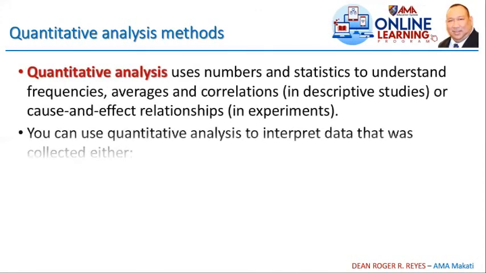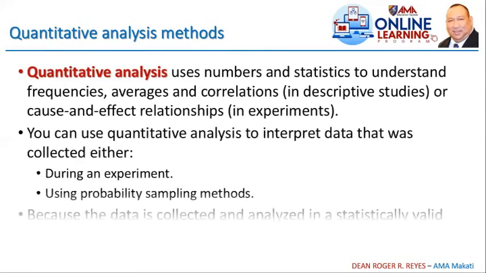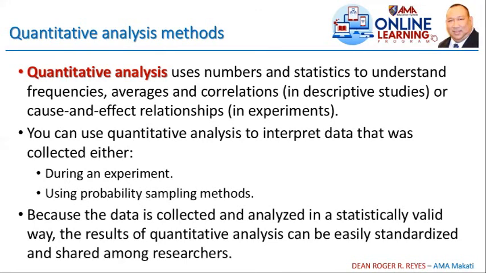Quantitative analysis, on the other hand, uses numbers and statistics to understand frequencies, averages, and correlations in descriptive studies, or cause and effect relationships in experiments. You can use quantitative analysis to interpret data that was collected either during an experiment or using probability sampling methods.